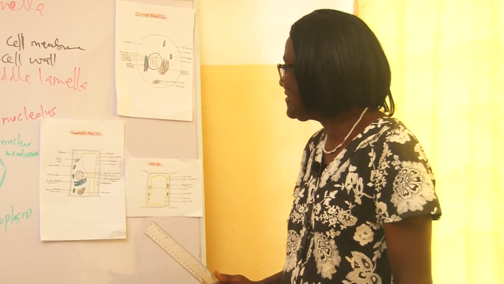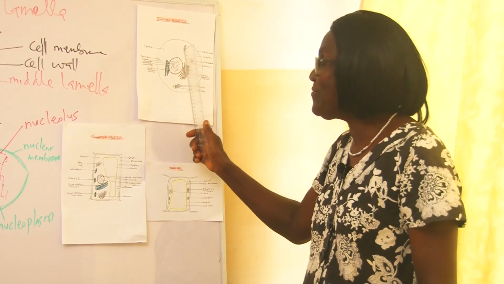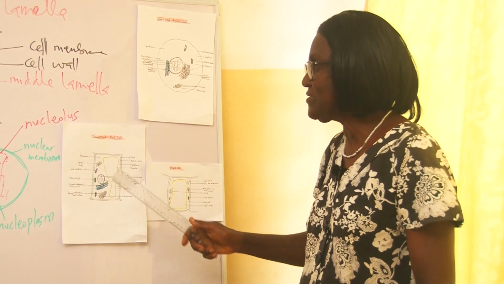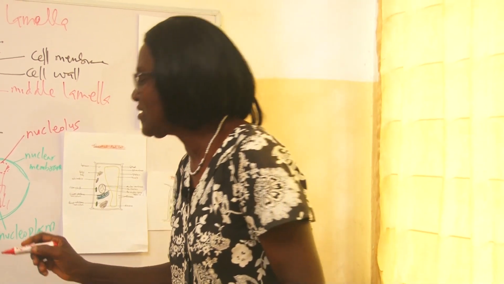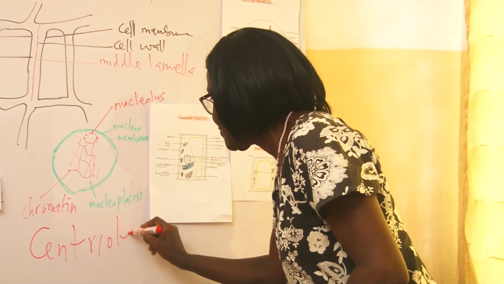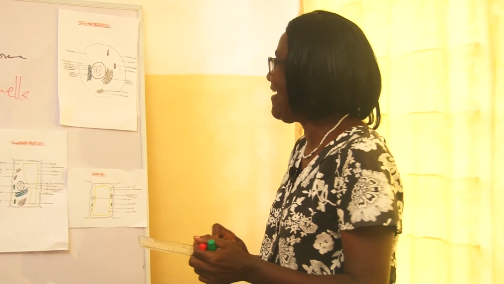No chloroplast there? All right. This animal cell has something called centrioles that plant cells don't have. Let's look at centrioles, and you go and find out what centrioles are.